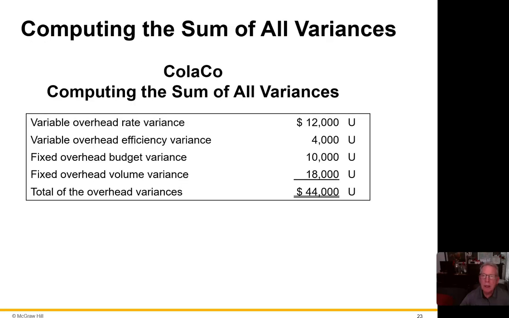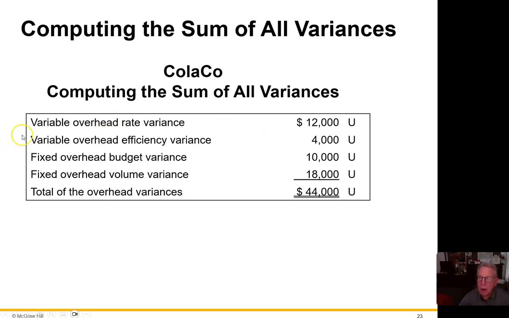Okay, so if I sum all these variances up, we have our variable, and I might add that terminology is very important with these. So be sure you get that well locked into your minds as far as these definitions. The first one is the variable overhead rate variance, and you'll remember that was $12,000 unfavorable.